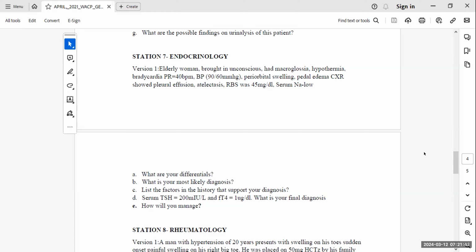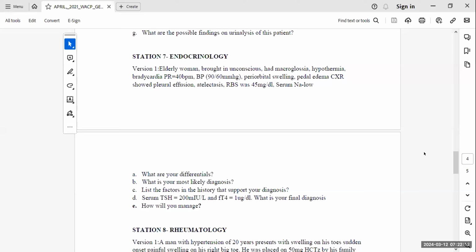Blood pressure was 90/60 millimeters of mercury. She had periorbital swelling, pedal edema, chest X-ray showing pleural effusion and atelectasis, and the random blood glucose was 4.5 milligram per dL, which is low. The serum sodium was also low. And so the first question, what are your differentials?